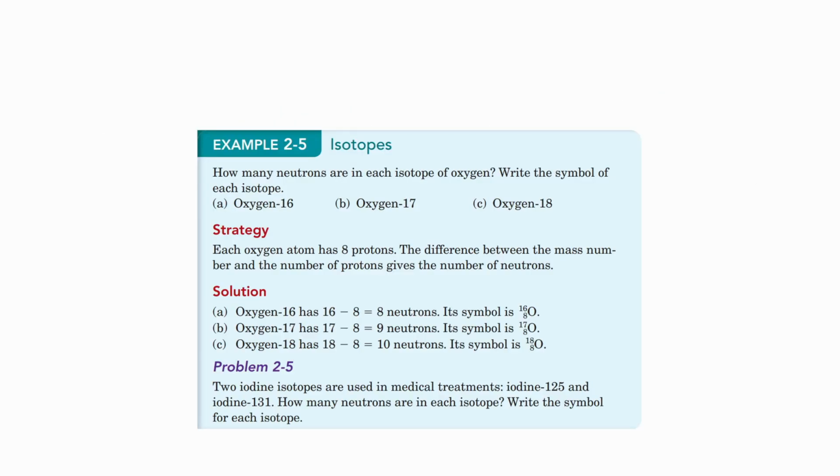Take for example, let's have sample questions. How many neutrons are in each isotope of oxygen? Write the symbol of each isotope. So we have oxygen. We know that the atomic number of oxygen is 8. Okay? So oxygen will always have 8.